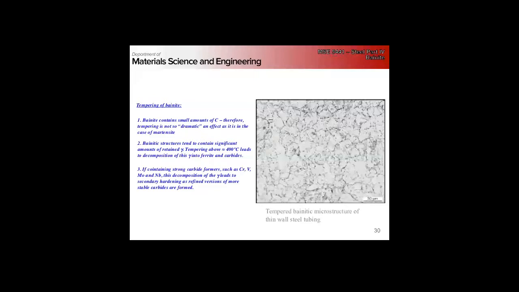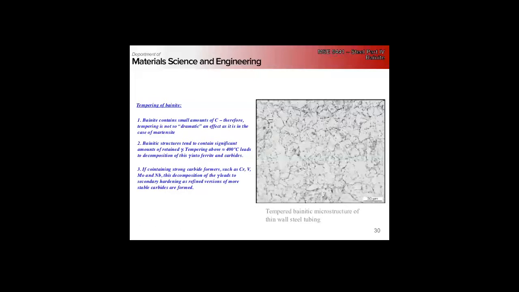And if we have strong alloying elements that are strong carbide formers, such as chromium, vanadium, molybdenum, and niobium, by tempering, we form more stable carbides than cementite, right?